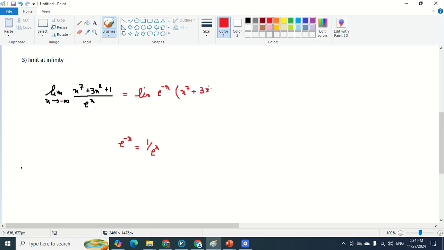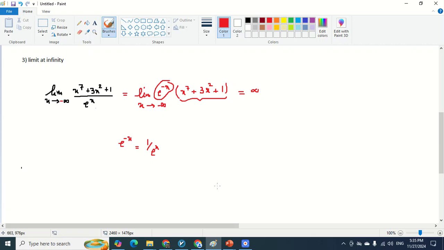Now, as x tends to minus infinity, the attitude of this function will be changed. These terms will be calculated in the denominator right now, and the term e to the power of minus x should be calculated at the numerator with the positive exponent, and the value of this limit becomes plus infinity. It's not equal to 0 anymore.